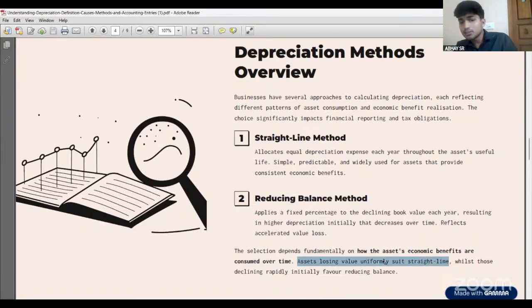If you see, furniture would lose value in the same way, uniformly, so they prefer the straight line method. Assets that decline rapidly at a particular rate favor reducing balance. Be it machinery or computers, if they have a specific rate, it's the reducing balance method. And in most practical cases, the reducing balance method is used.